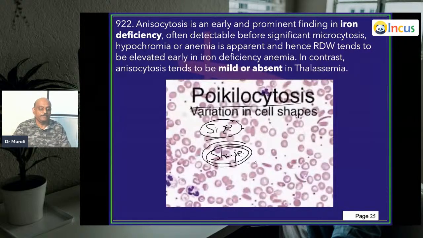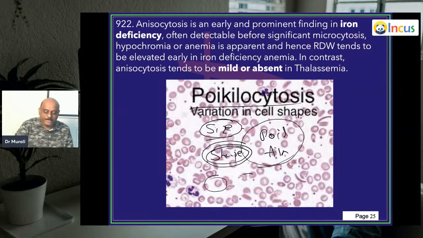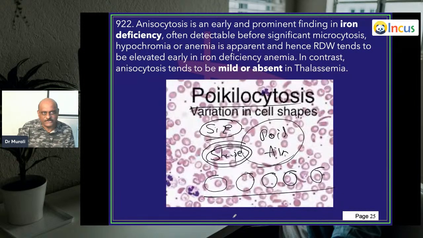Once more, poikilocytosis, anisocytosis, they are the things that are seen in iron deficiency. Whereas in thalassemia, every RBC is of the same size and shape. Then the main problem is in the hemoglobin production, which is common to all cells. So that is the important differentiator.